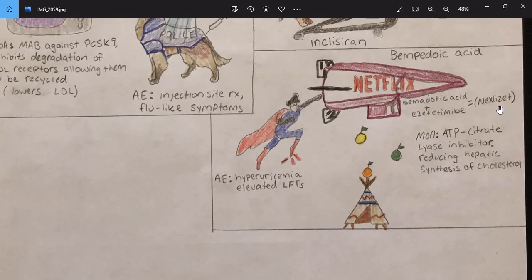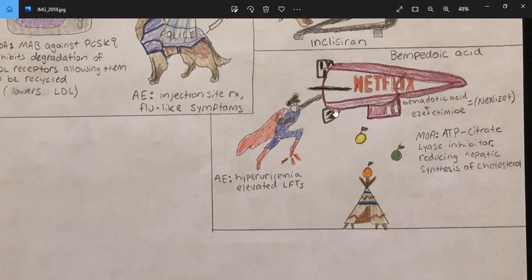Oh, similar. The mechanism of action for this is that it is an ATP citrate lyase inhibitor, reducing hepatic synthesis of cholesterol. So here we have ATP, a TP for ATP, and it has citrus bombs being dropped on it. So ATP citrate.